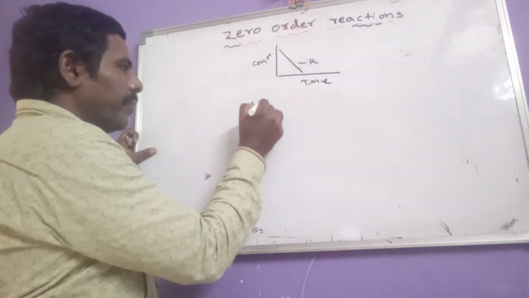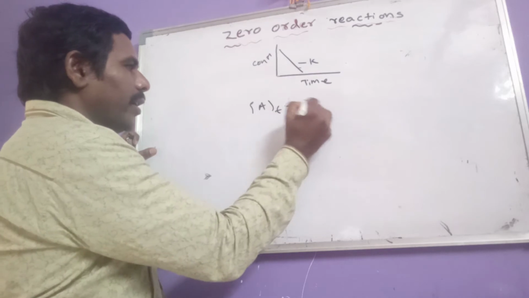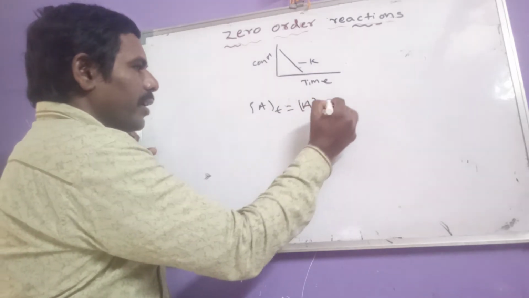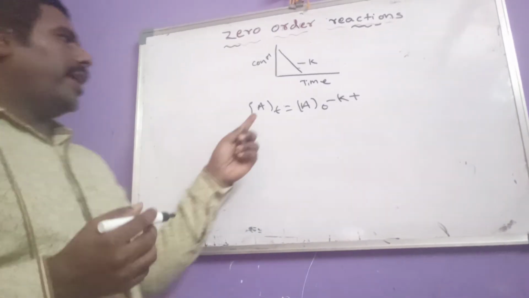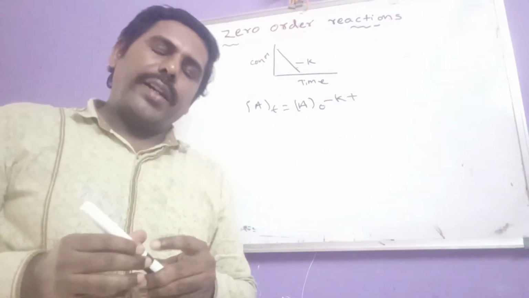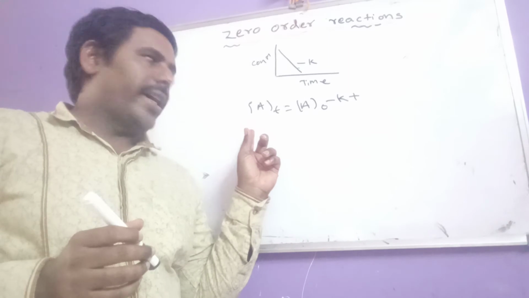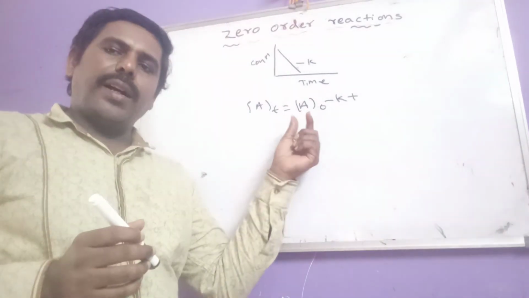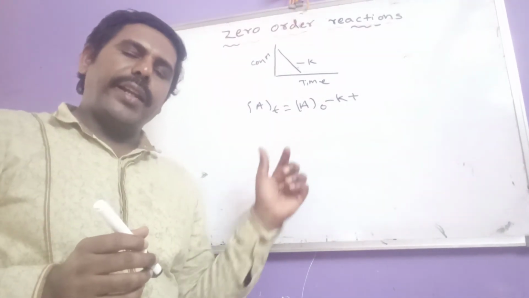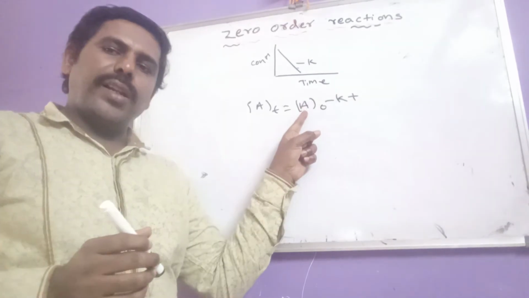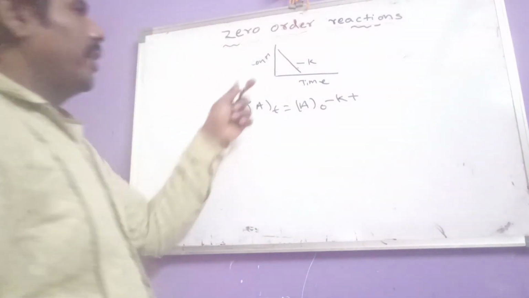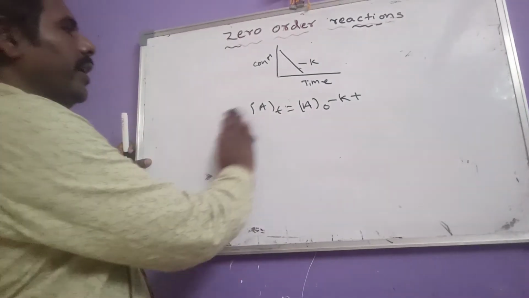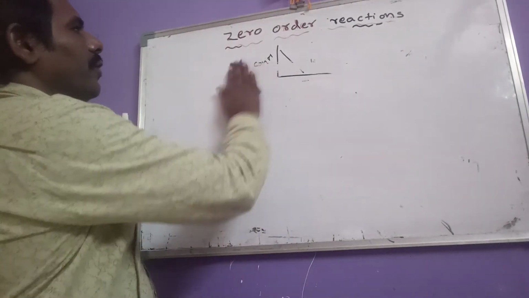And at time t, we can write the expression: At equals A naught minus kt. Here At means concentration of reactant at time t, and A naught means concentration of reactant at initial time, so this is the initial concentration. So like this, the concentration of reactant decreases linearly with increase of time.